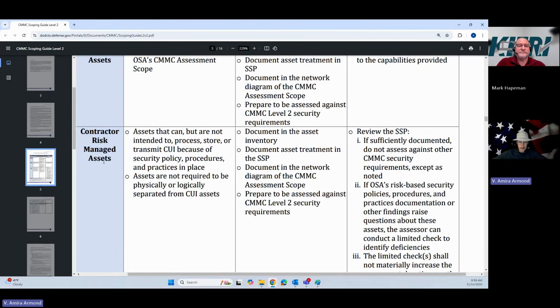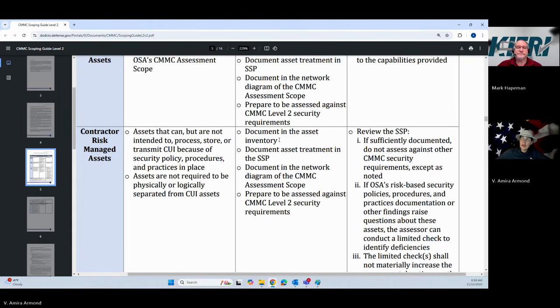So the DoD basically said, we told you, with 800-171, the DFARS 7012 clause, we said secure your network. We said apply all the requirements to your network.